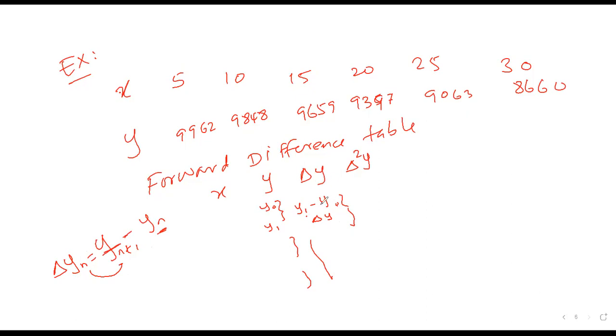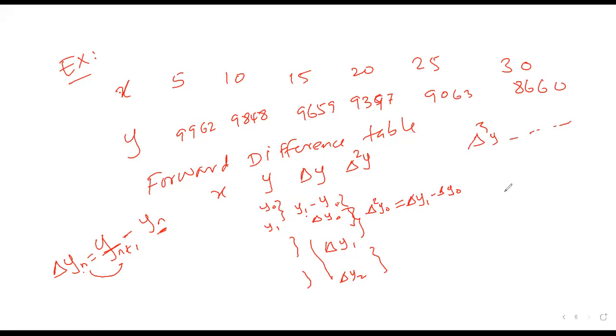So 0 means here 0. The next one will be delta of y1, delta of y2. If you want to find delta squared of y0, it equals delta of y1 minus delta of y0. That's how you find it. Again, delta cubed. Until how much do you have to go?